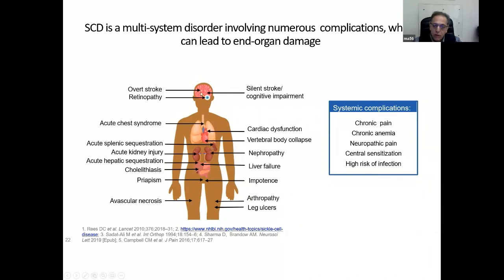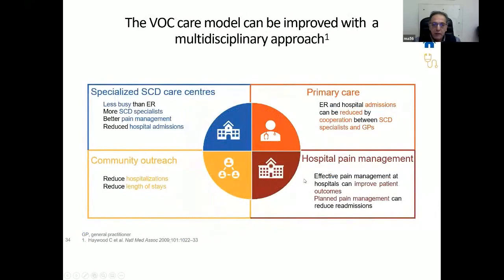We need neurologists, ophthalmologists, pulmonologists, nephrologists, and so on. The systemic complications of the disease include chronic anemia, and pain includes chronic pain, neuropathic pain, central desensitization, and the risk of infection due to perhaps early splenic infarction is also there.